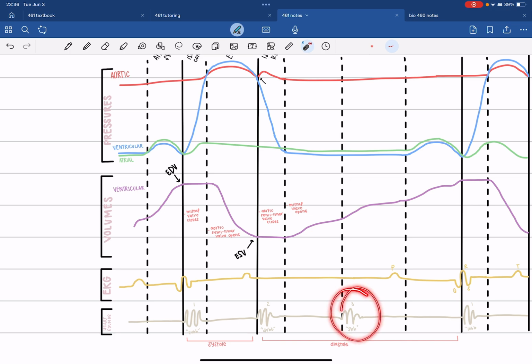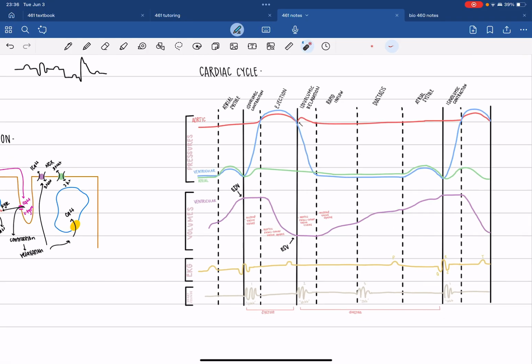And we can hear a little murmur because it's refilling and it's causing them to expand a little bit, which is crazy. We can also hear a sh in different places. So if we hear a lub, sh, dub, then we're hearing probably a problem with the mitral valve. But if we hear a lub, sh, dub, then we're probably hearing a problem with this opening being narrow, like the aorta being narrow or the pulmonary trunk being narrow.